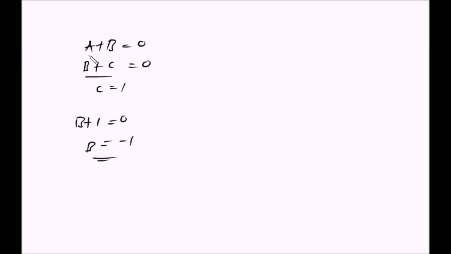So a plus b we said is 0, b plus c we said is 0, but c we have found is 1. So going back here, b plus 1 is 0, so b will be negative 1. Then going back here, a minus 1 is 0, so a will be 1. So a is 1, b is negative 1, and c is 1.